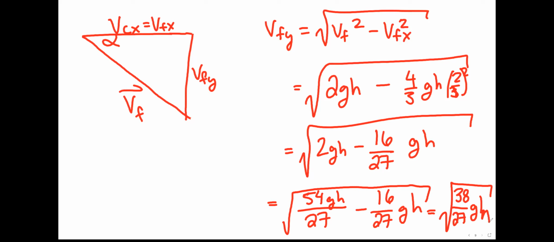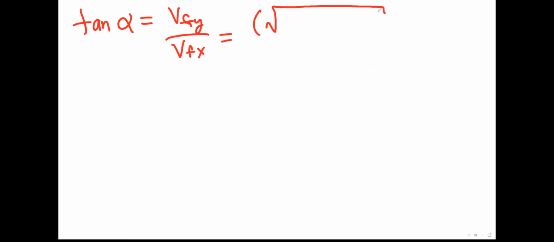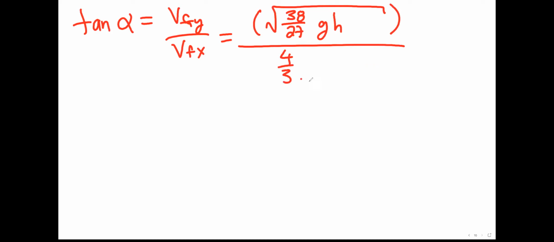And then we do the tangent. So we've got tan of alpha equals VFY over VFX. That's going to be the square root of 38/27 GH divided by VFX, which was the 4/3 square root of GH/3.